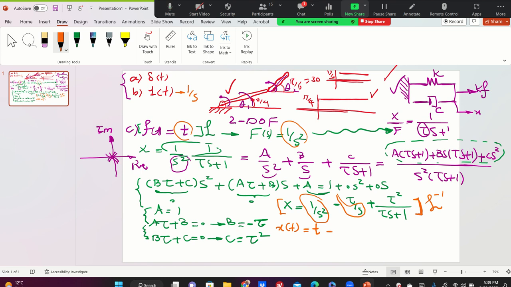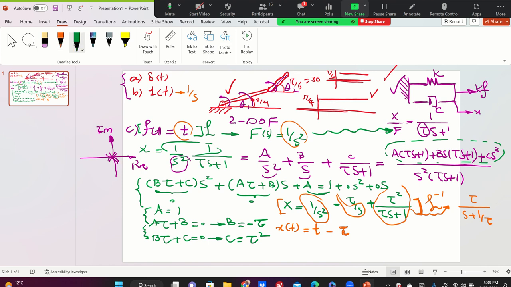Step input minus tau, step is 1, unit step. And then you can write this as tau S plus 1 over tau. You can factor out tau in the denominator and remove one of the tau's in the numerator.